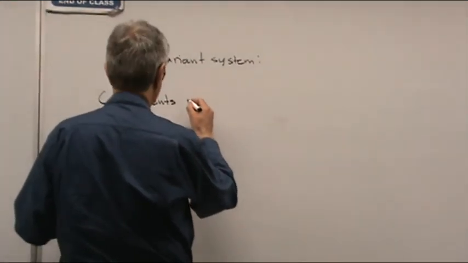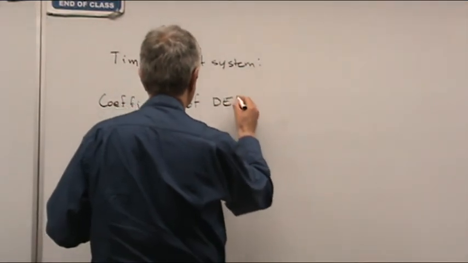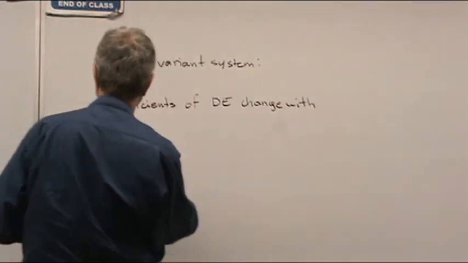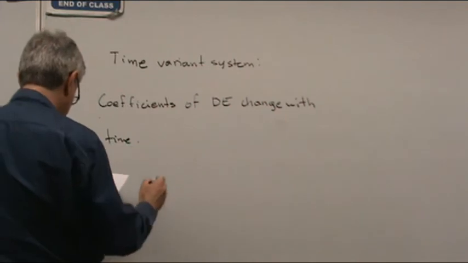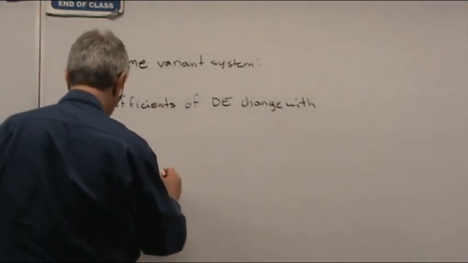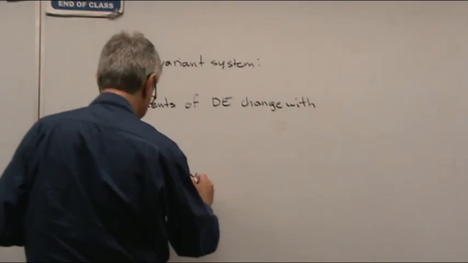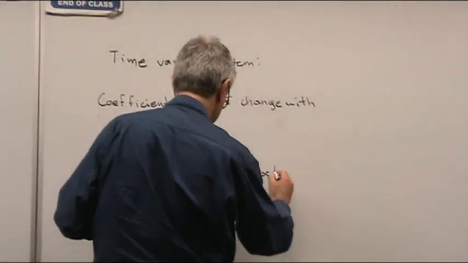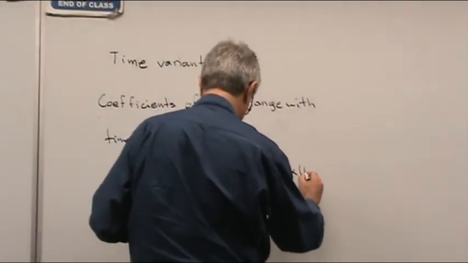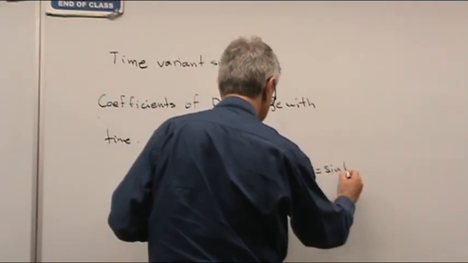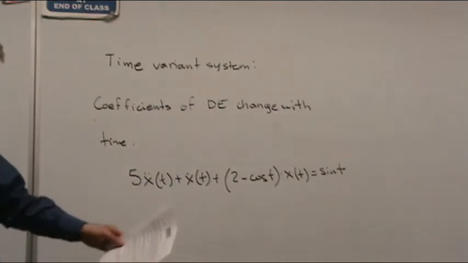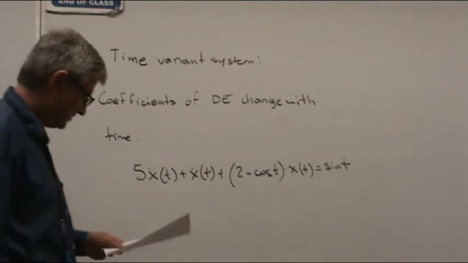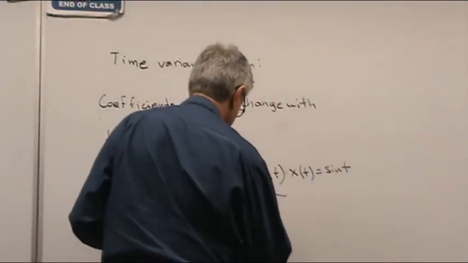Coefficients of the differential equation change with time. An example is this. So this coefficient that multiplies the displacement changes with time, so this is a time variant system.